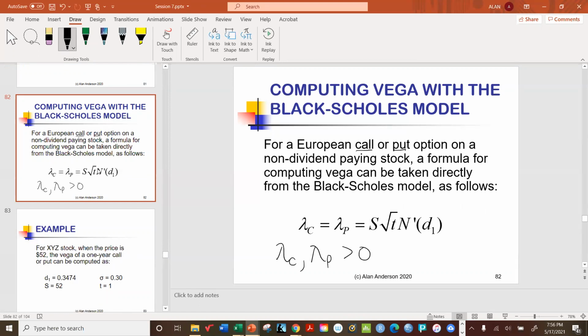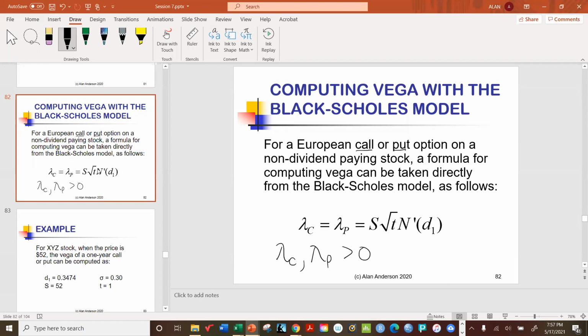Because I think I mentioned this once before, volatility is helpful to the value of an option. The more volatile the asset, the more valuable is the option. So just like the gamma, not only are these equal to each other for the same calls and puts, but they're always positive. And in fact, when you see the graph, you'll see a lot of similarities.